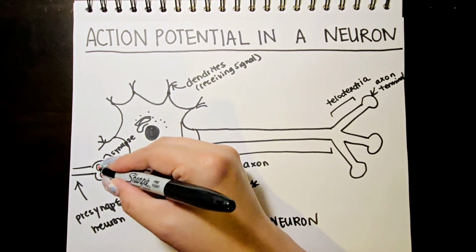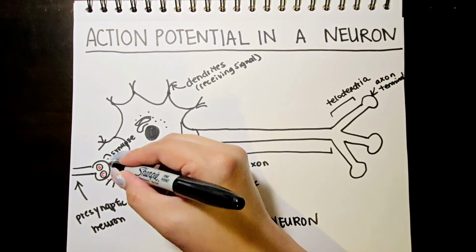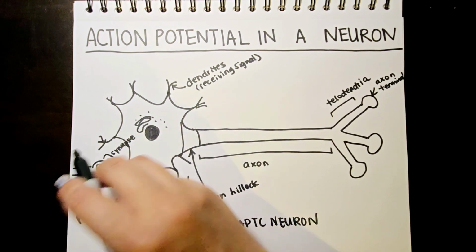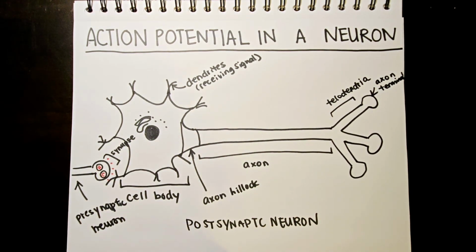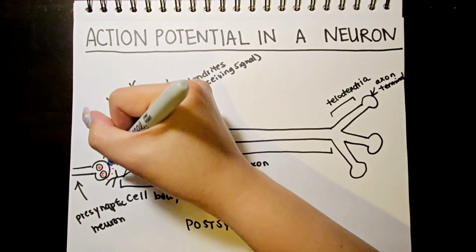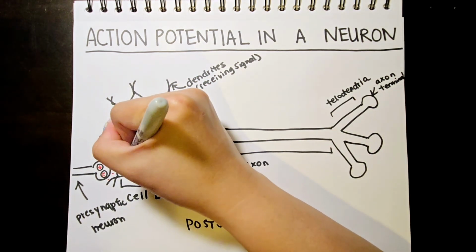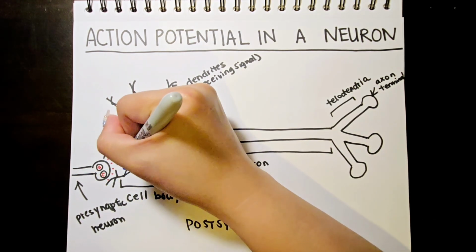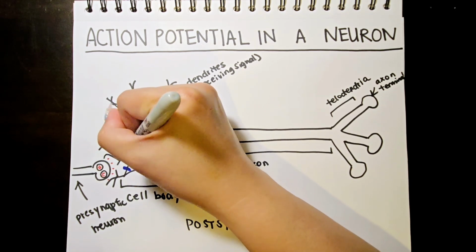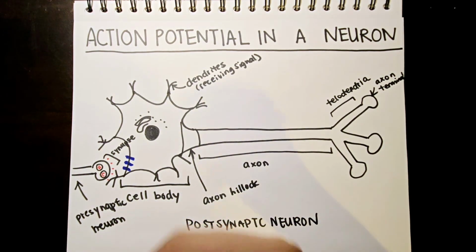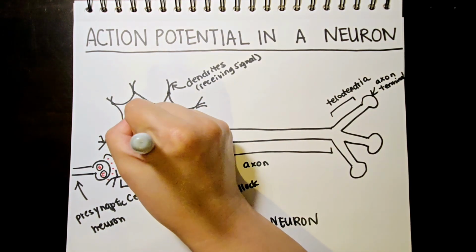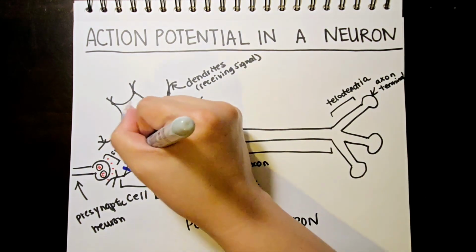And once the neurotransmitter is released into the synaptic cleft, it binds to particular ion channels on the postsynaptic neuron side. Since this is kind of tiny, I'll just draw it here, but in the synapse these are sodium ion channels.